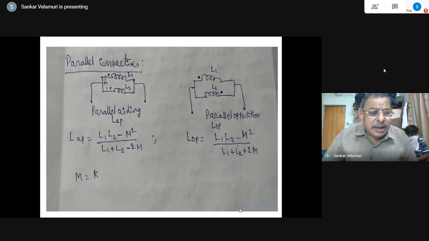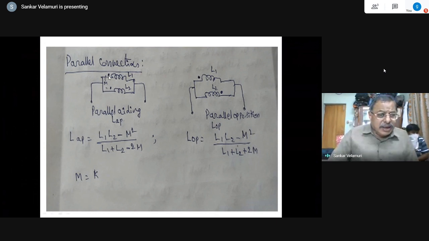Parallel aiding I have defined as LAP, and you can see here that in both coils the current is entering in the parallel circuit. There is a derivation for this which I am not doing. LAP, the parallel equivalent inductance when the mutual inductance is aiding, is given by (L1 L2 minus M square) by (L1 plus L2 minus 2M).